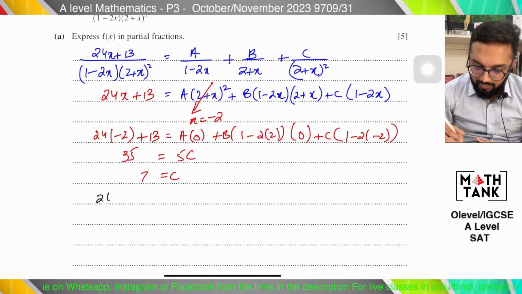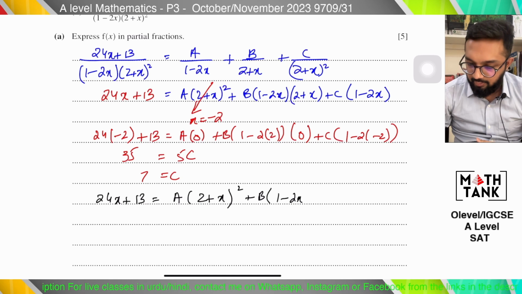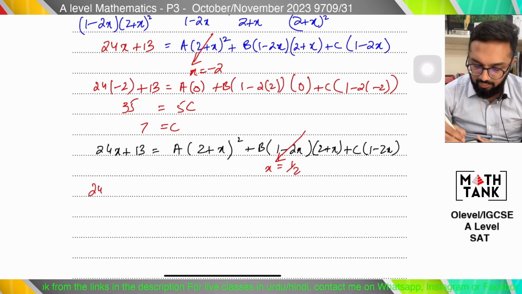Then for the next one, I should take the other bracket equals to 0. x equals half. 24 times half plus 13.